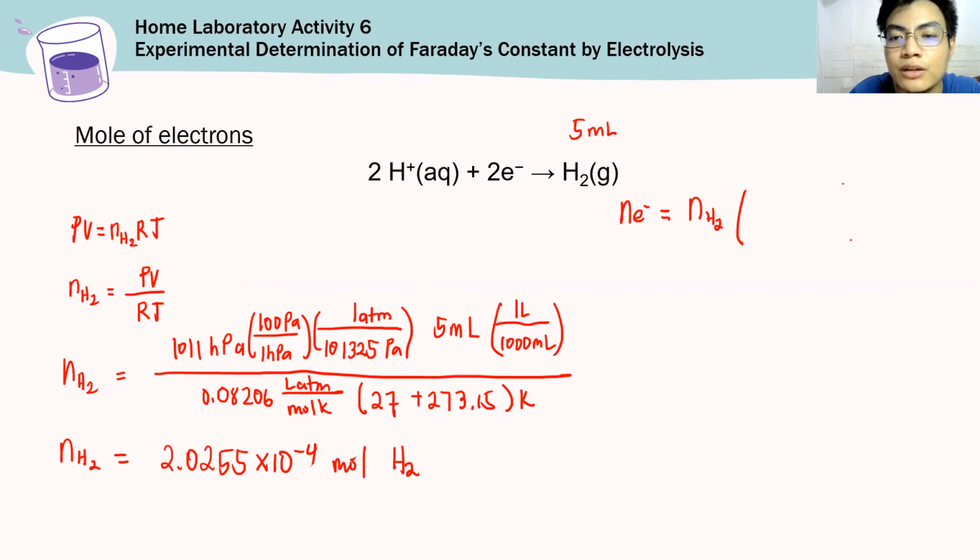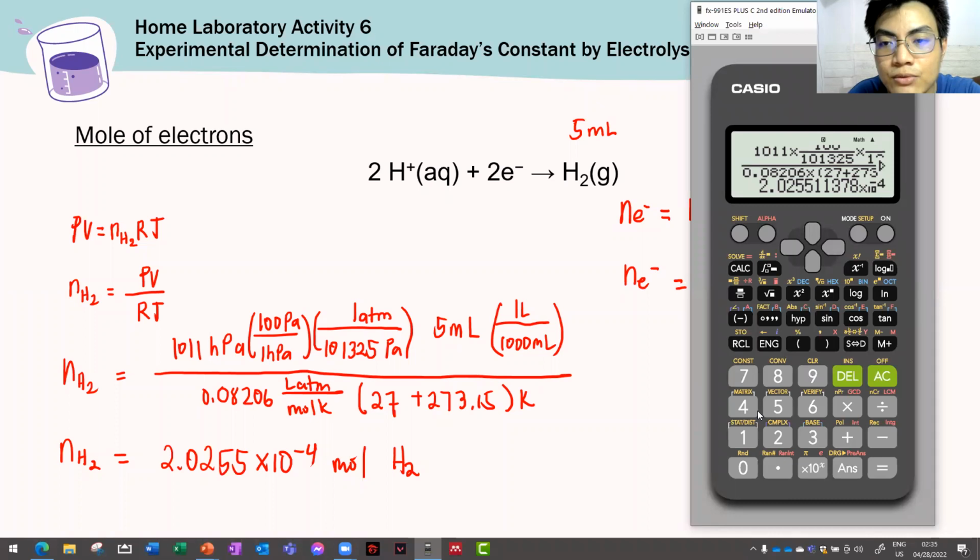Using the equation, we can convert the moles of hydrogen gas into mole of electron. Remember, we have 1 mole of hydrogen gas per 2 moles of electron. So that means this mole of hydrogen gas needs to be multiplied by 2 so that we will have the mole of electron. So let's solve for this times 2. So it's 4.0510.